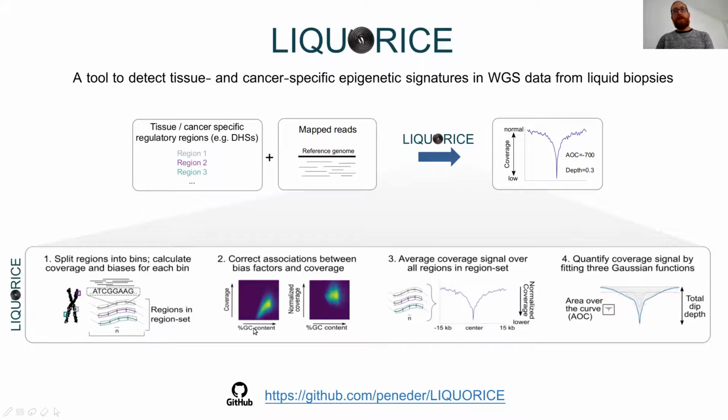In the third step, we aggregate our coverage signal over all regions in the region set in order to obtain a more robust signal. And finally, we fit 3 Gaussian functions and an intercept to this coverage drop, which allows us to extract metrics such as the area over the curve or the total depth of the dip, which you can then use to make comparisons between samples.